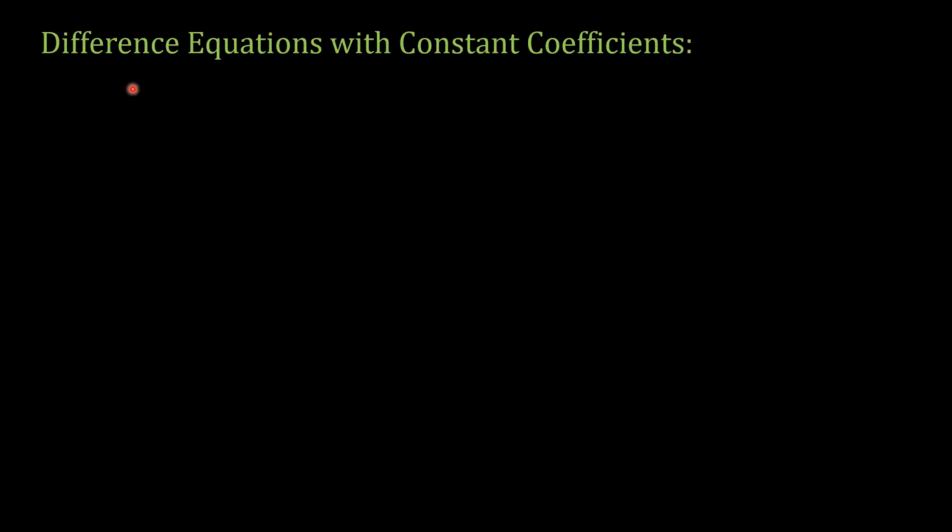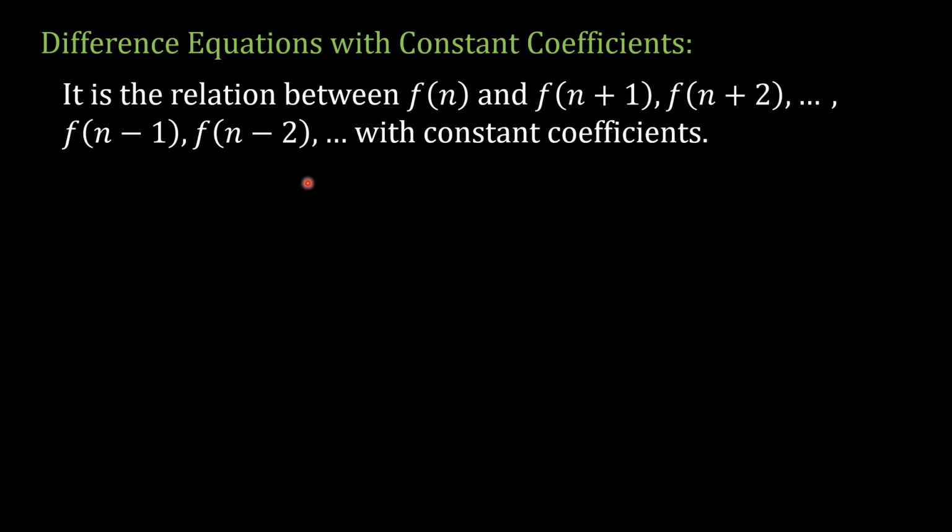Difference equations with constant coefficients are the relation between f of n and f of n plus 1, f of n plus 2, and so on. Similarly, f of n minus 1, f of n minus 2, and so on, with constant coefficients. Just like the differential equation, as we know, we get differential equations in case of continuous systems and difference equations in case of discrete systems.